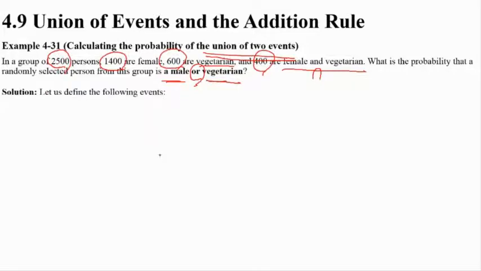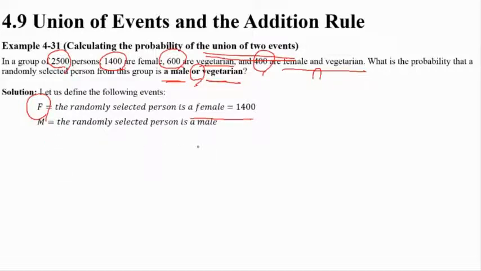So let's define the events first of all before making a table. Female, they gave 1400. And the male, they don't give, but they say the total is 2500. Even though they didn't mention it, we know it, right? 1100. We can count. We do math, right? How about vegetarian?